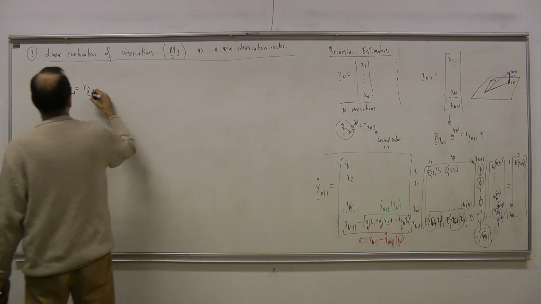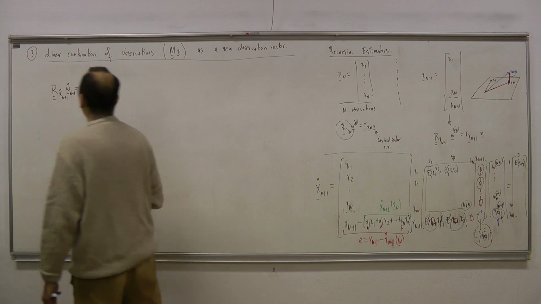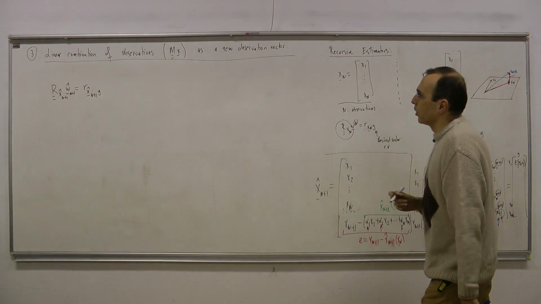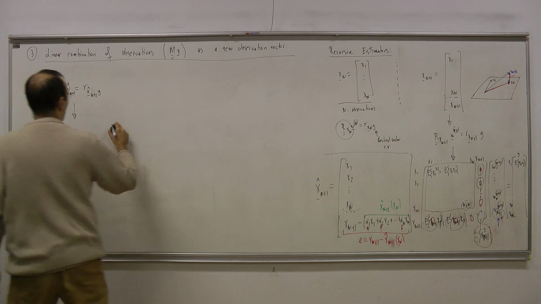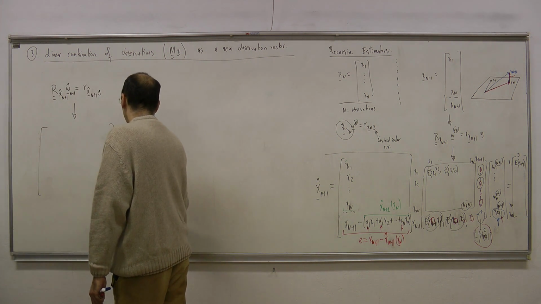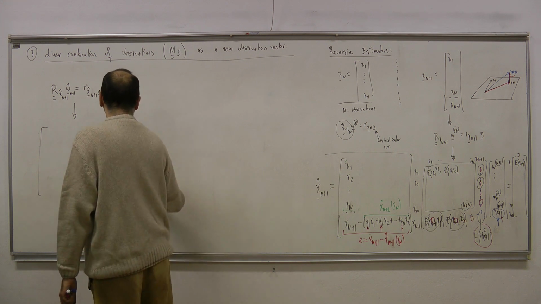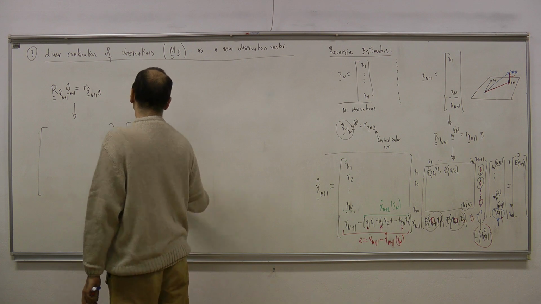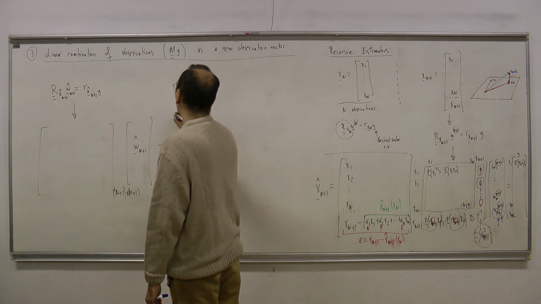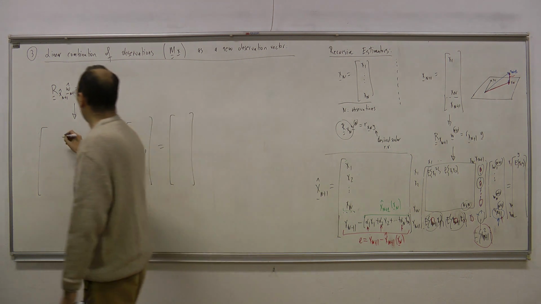If I write this matrix one more time, this is an n plus 1 times n plus 1 dimensional matrix. I have this w vector, n plus 1 dimensional, and I have this vector also.